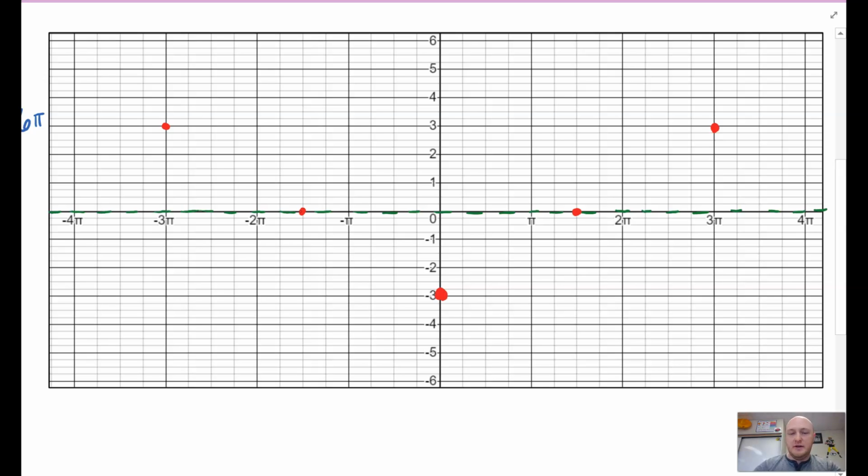Now that I've graphed that, I'm going to draw a smooth curve through our points. Okay, add an arrow there. And add an arrow there. Okay, and there is our function.